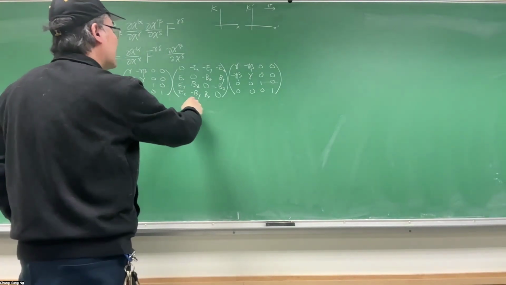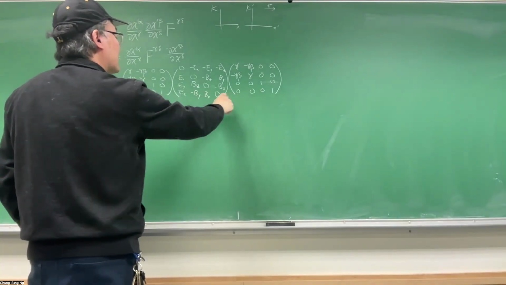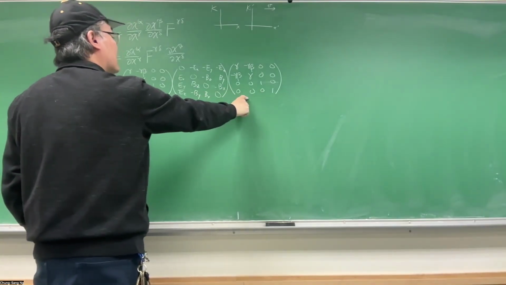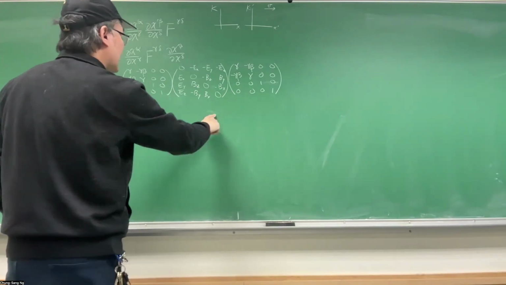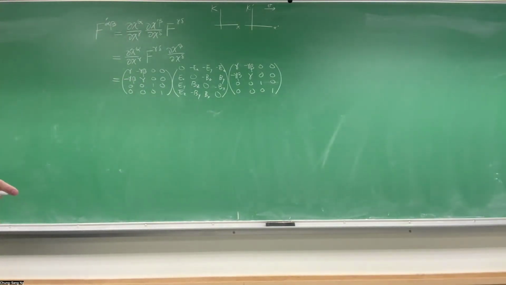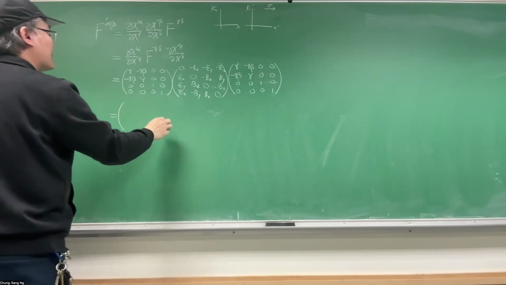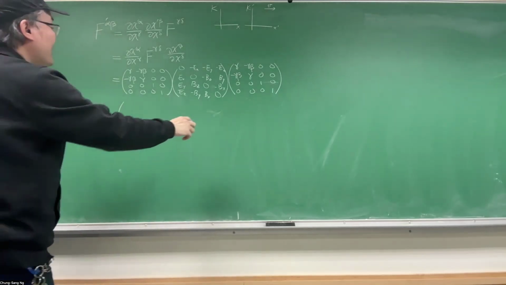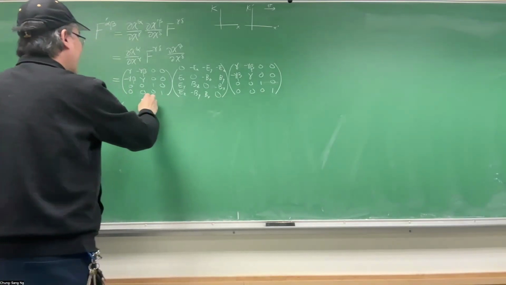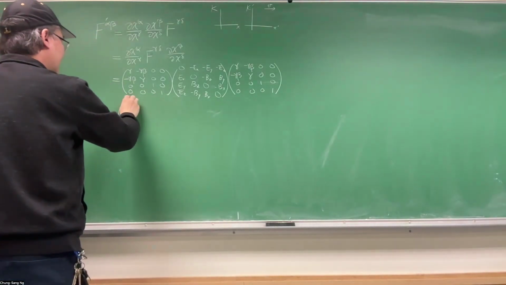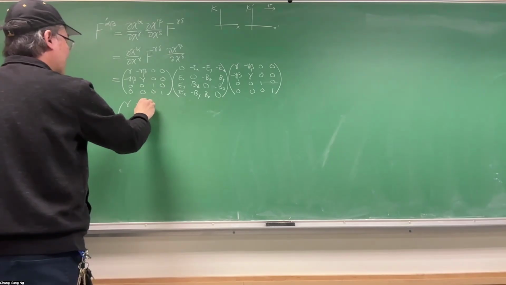Okay, so we can do this multiplication first, right? There's a 4 by 4 matrix multiplication, which looks difficult or horrible. But if you are patient, you can get it done in a straightforward manner.